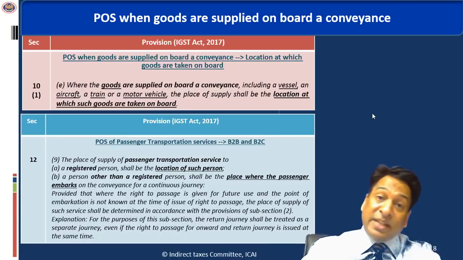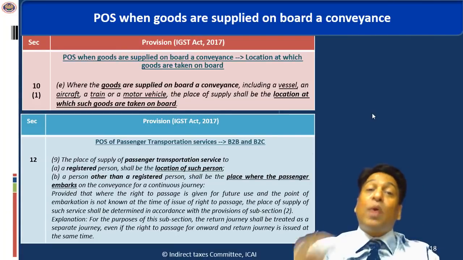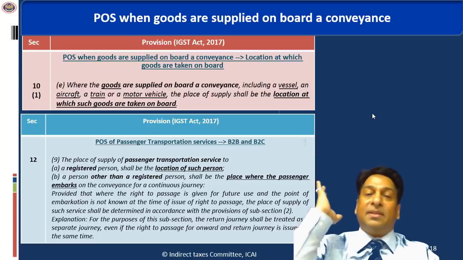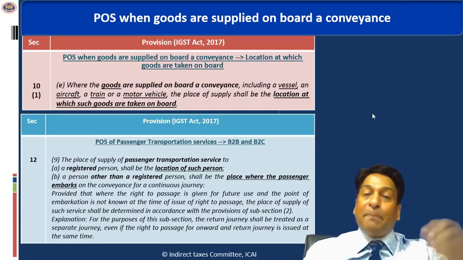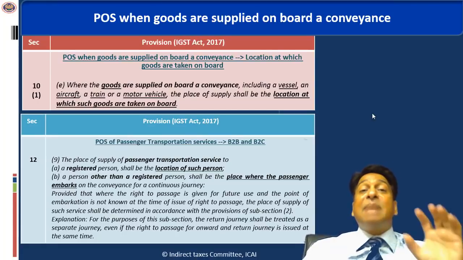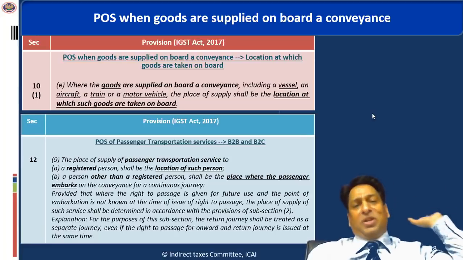If it is B2C, means a registered supplier is supplying these services to an unregistered person, to a consumer, then place of supply would be the place where the passenger embarks on the conveyance for a continuous journey.